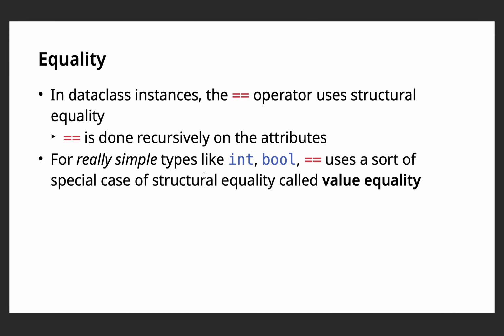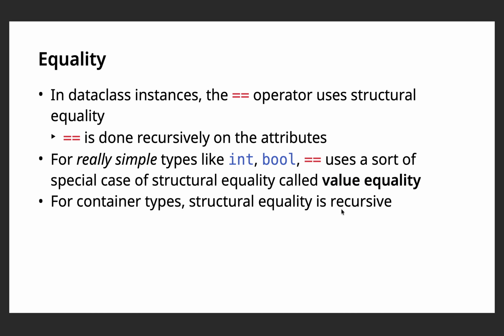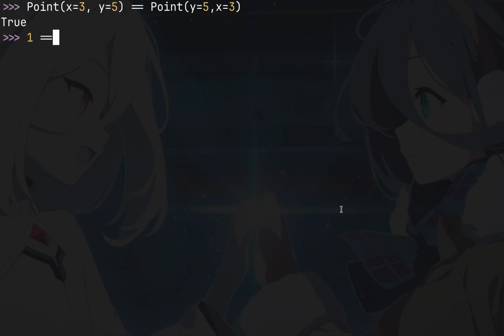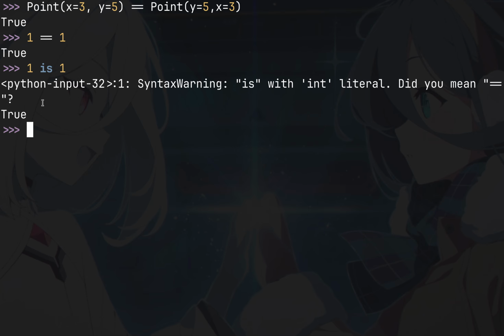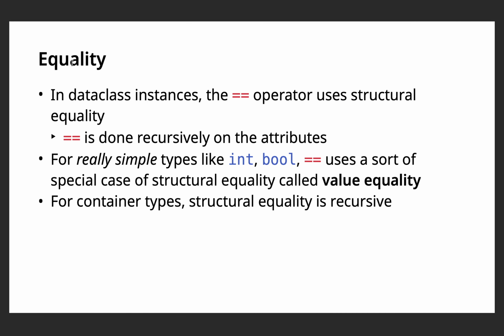Okay, for simple types like integer, boolean, and so on, the double equals actually uses a slightly different kind of equality, and that's what we call value equality. So essentially, whenever you're checking if 1 is equal to 1 or 1 is 1, that will always return true even if you write it like this. Okay, so for data classes, this is structural equality, and it's recursive.